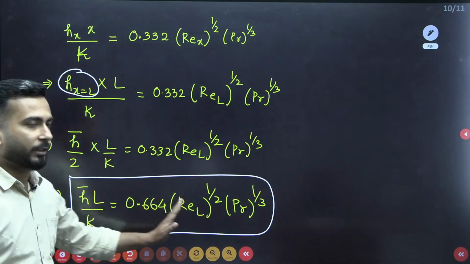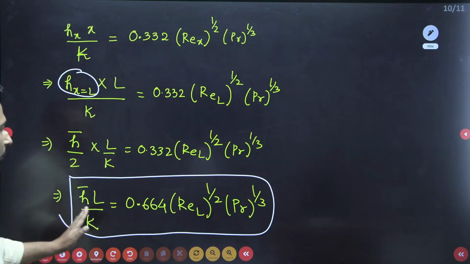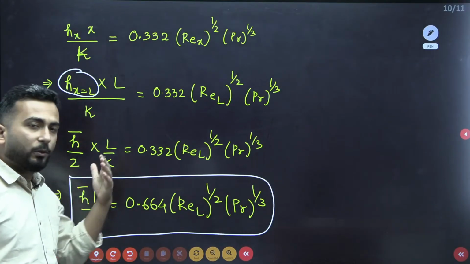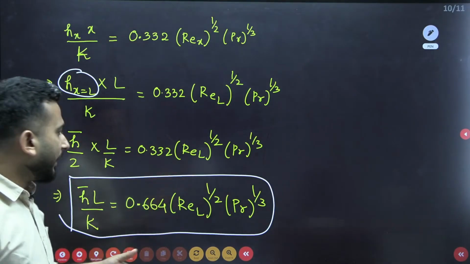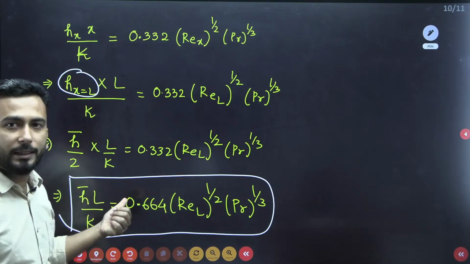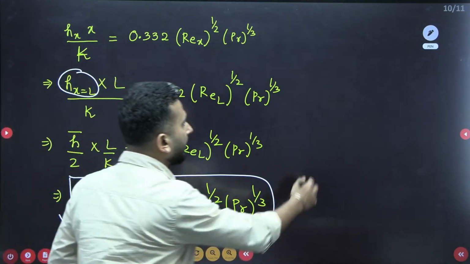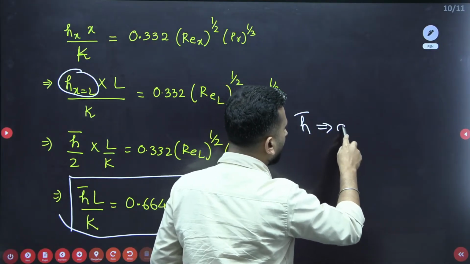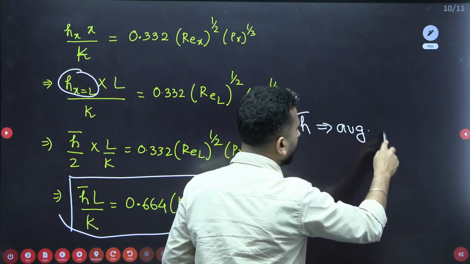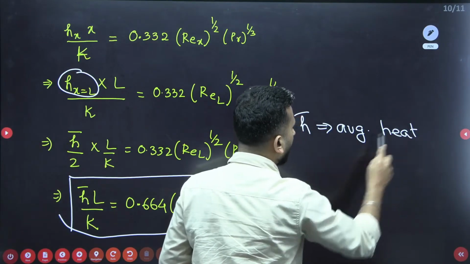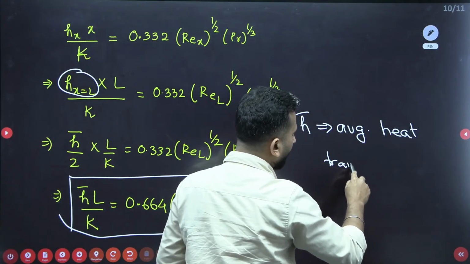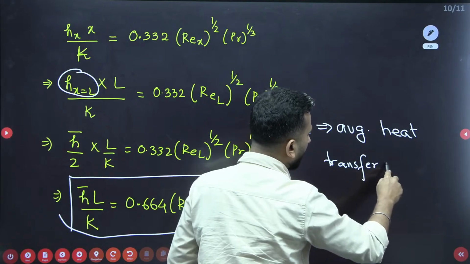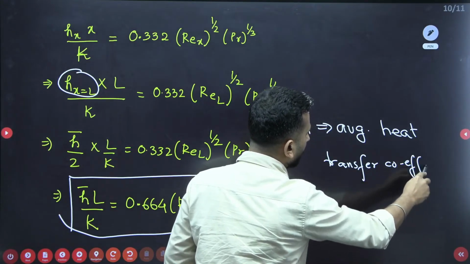This is the equation for when you cover the entire plate, you need only one h average. What is h bar? Average heat transfer coefficient.